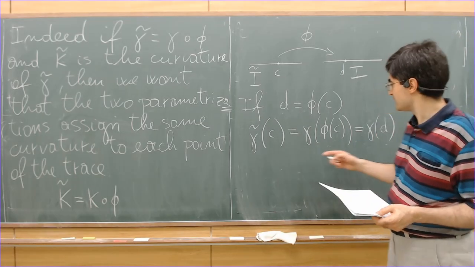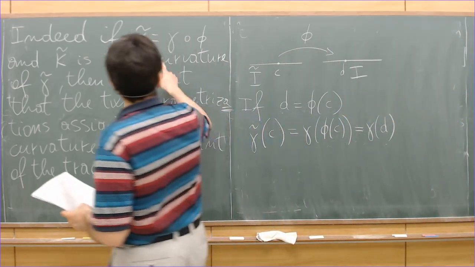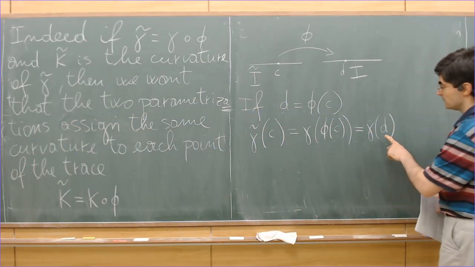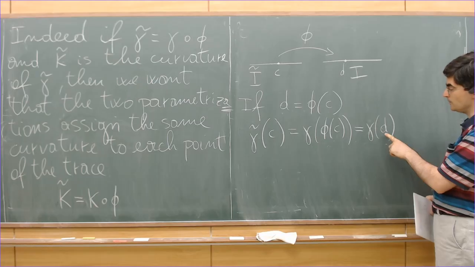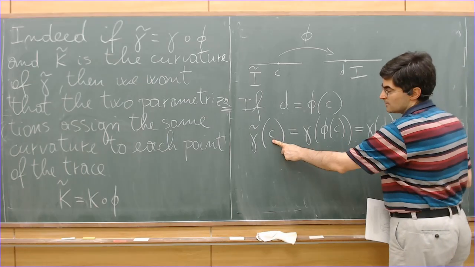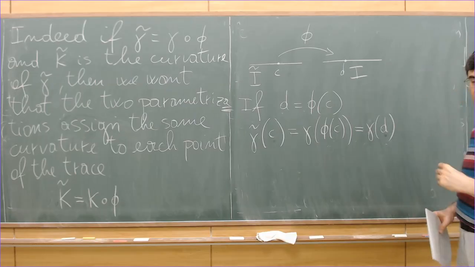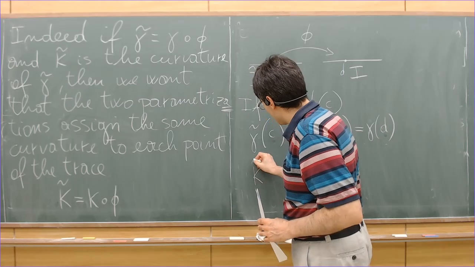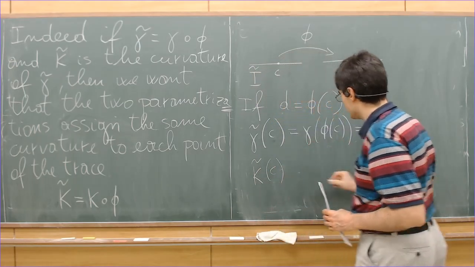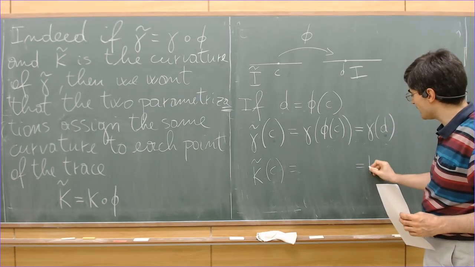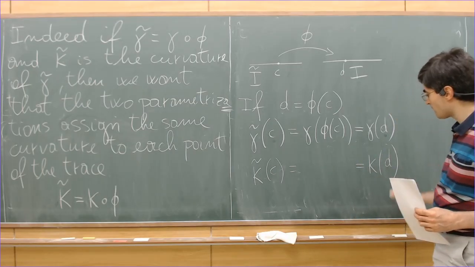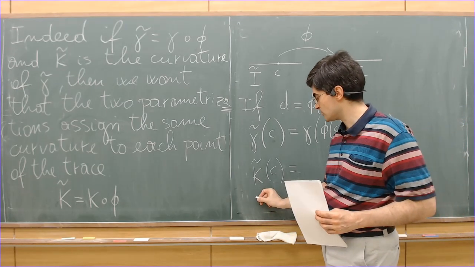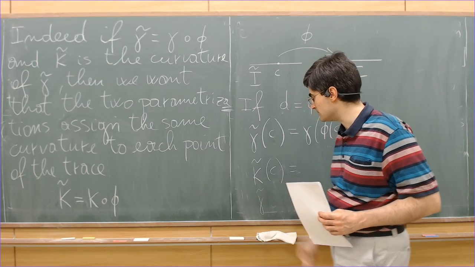And this formula says that the maps gamma and gamma tilde send respectively the points D and C to the same point on the trace. Consequently, we want K of C to be equal to K of D. K is the curvature function of gamma, and K tilde is the curvature function of gamma tilde.